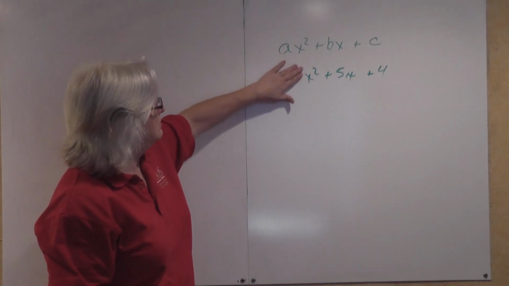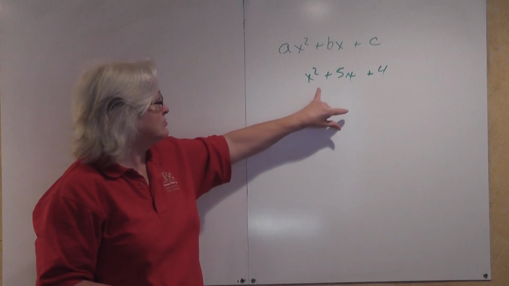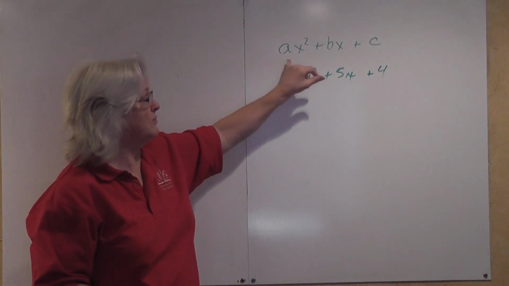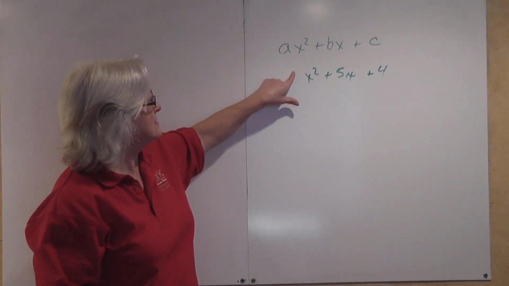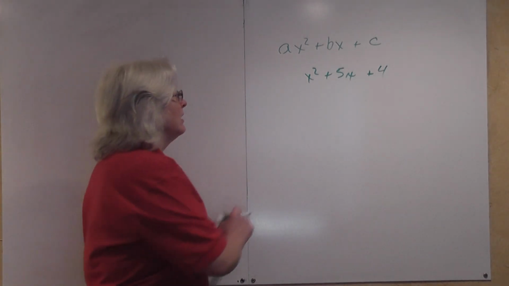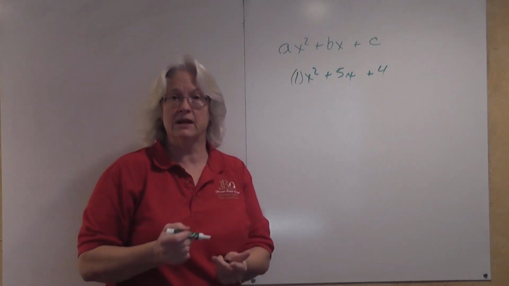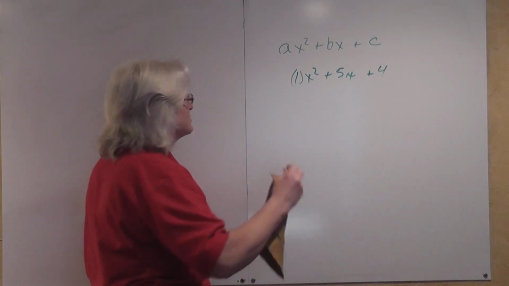This is also an example of a trinomial that takes the form ax squared plus bx plus c, except in this case our value for a is just a 1. And we understand that when we have 1x squared, that leading coefficient, we don't actually show it.